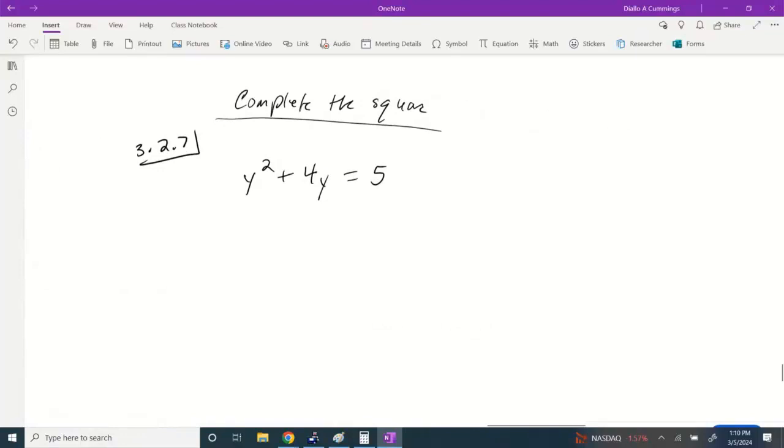To complete the square, once you have your proper form, right, your squared term, which has to have a coefficient of 1, and your first degree term on the same side of your equation together, you take half the coefficient of the middle term squared.